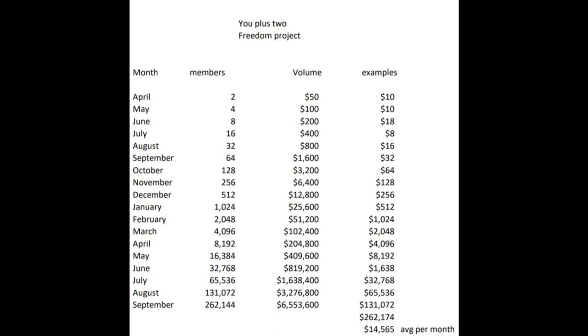So the difference between making a check of $2,000 a month, $4,000 a month, or $6,000 a month is not based upon the amount people are buying in your group as much as it is how much volume you have personally for yourself that month. So if you and me both have a team that's the same size, doing over 100,000 in volume, even just on that one level, if you're at 25 CV, you make $2,000 a month.